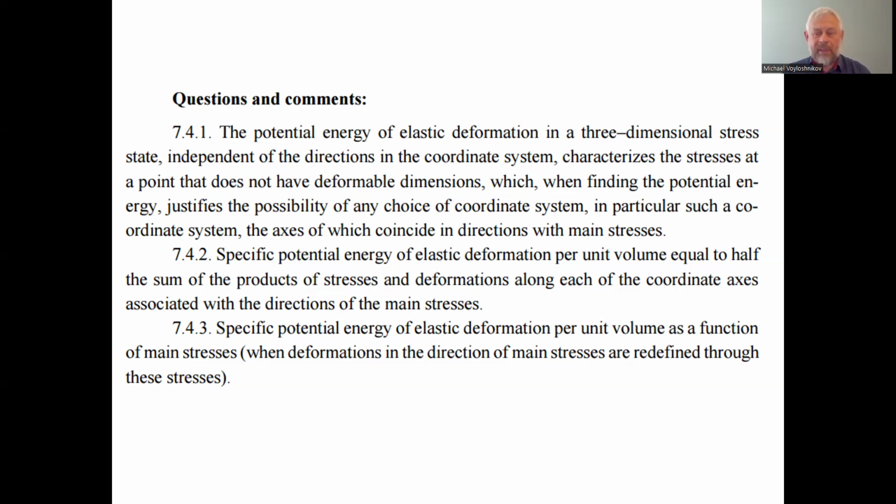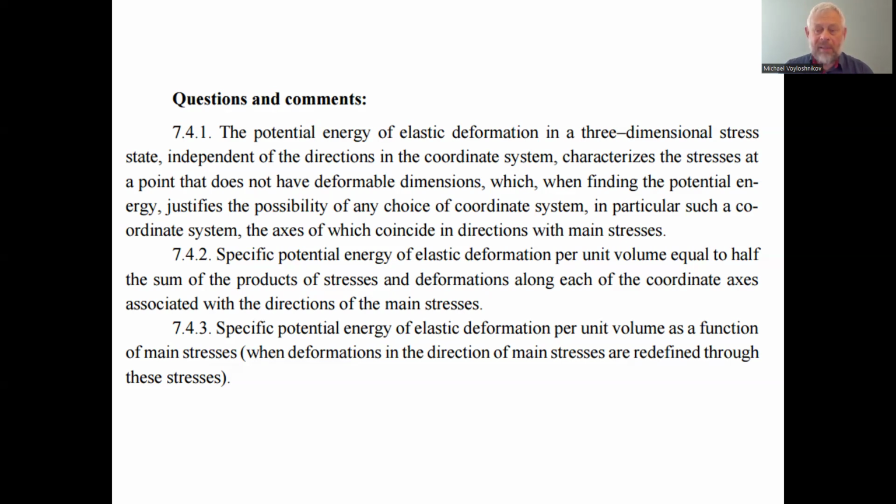So first we find the potential energy considering the shearing, only for pure shearing. Pure shearing occurs, for example, when we consider the torsion of a segment of a shaft.